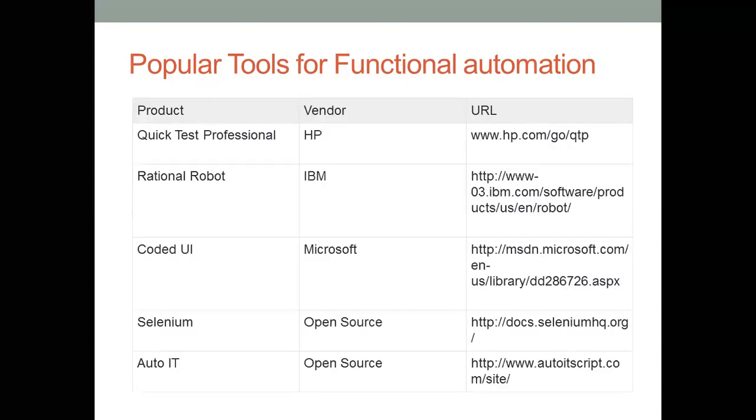So these are the functional automation tools. This is the table in which the tool name is given. Second, vendor, which means the company that has developed that tool, and third is the website or URL. From that you can download the tool or get the information about it.